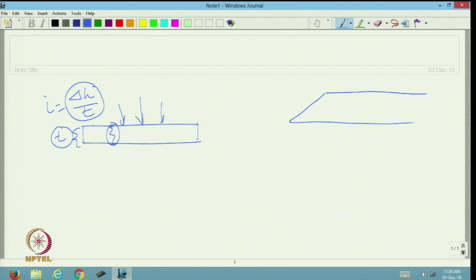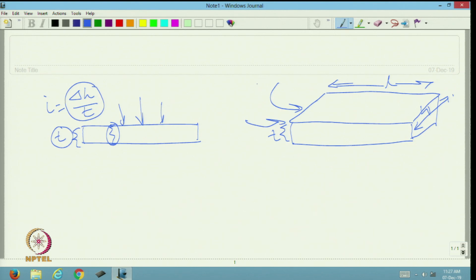This is the specimen. Here it is a length, width and this is the thickness. Here water is allowed to flow from this point and it is coming out.